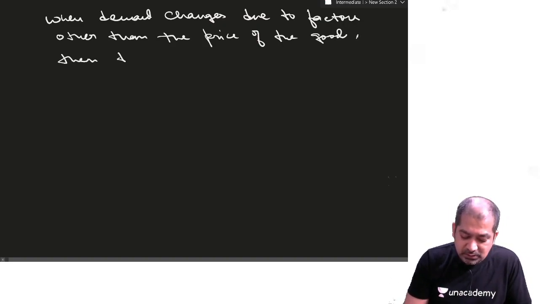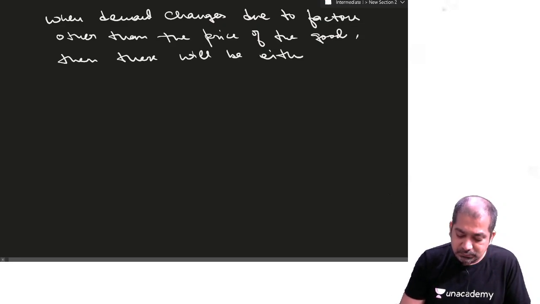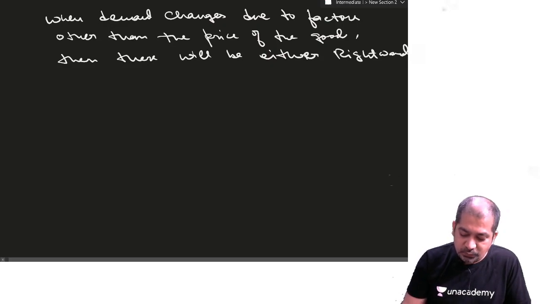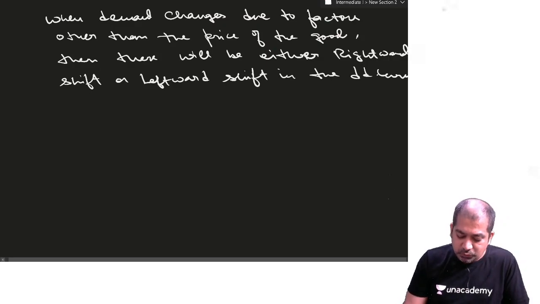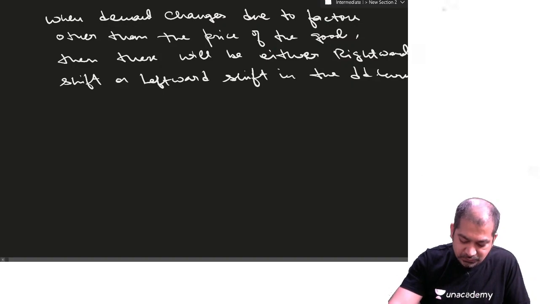Then there will be either a rightward shift or a leftward shift in the demand curve. So how will a diagram look in this case? Let's figure it out.